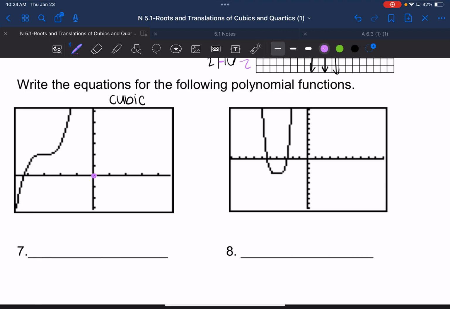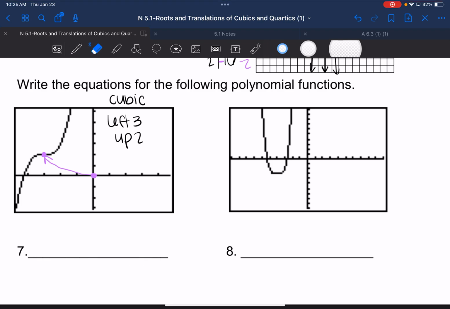It looks like that new origin point is now right here, right? So how would you guys say that we shifted to get from here to here? What happened? Okay. So left 3, he said, and also up 2.